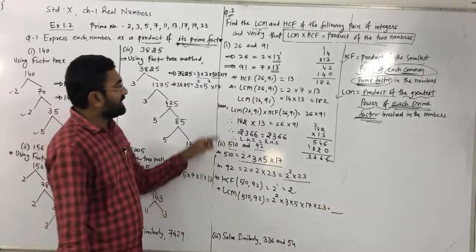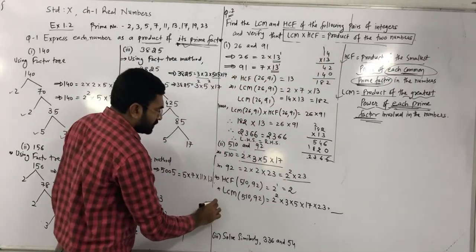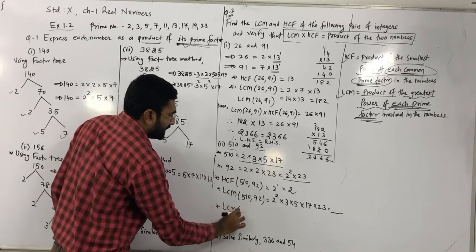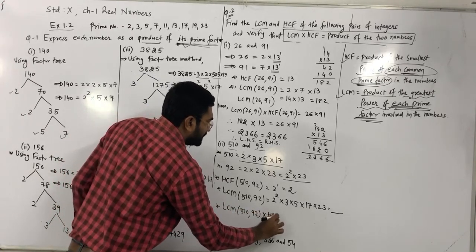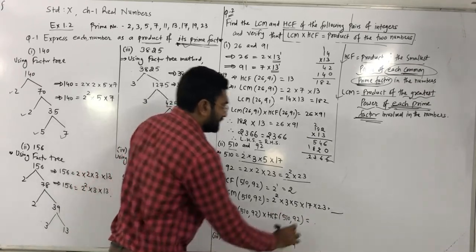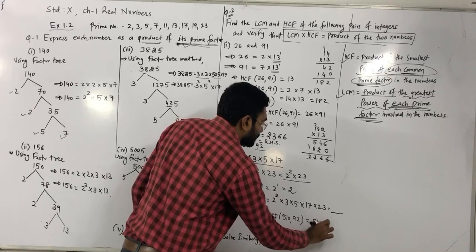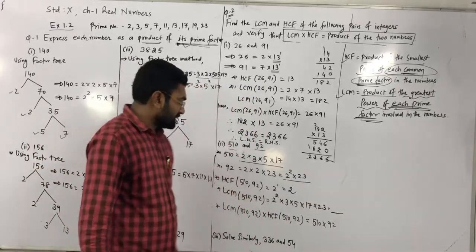Okay. In the same way, you also have to verify this result. For that, what do you have to do? HCF of 510 and 92 multiplied with LCM of 510 and 92. On the right hand side, you have to write 510 into 92, the product of the two numbers. Right?